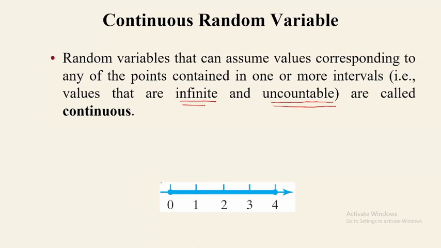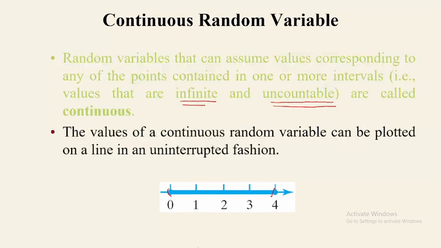If we take the time 0 to 4, here every point is possible. So here we cannot count 1, 2, 3, 4. We can't count because there are an infinite number of points within this interval. If that is the case, then the random variable is called a continuous random variable.